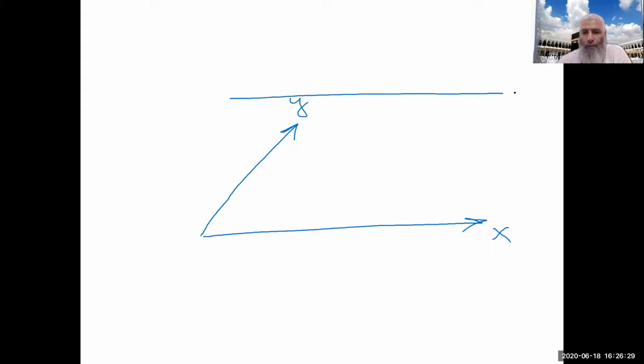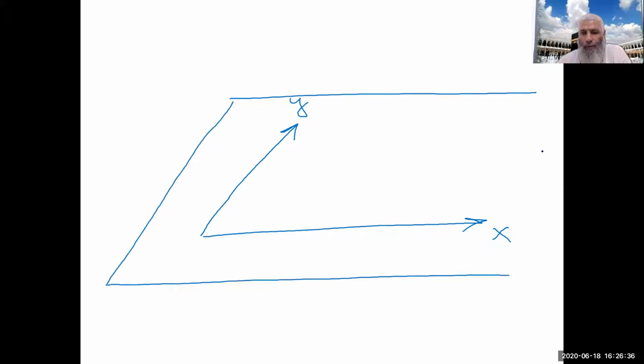He says that we have a plane, this is a plane, x and y. Do you know plane? Like a paper sheet. So this plane is x and y.